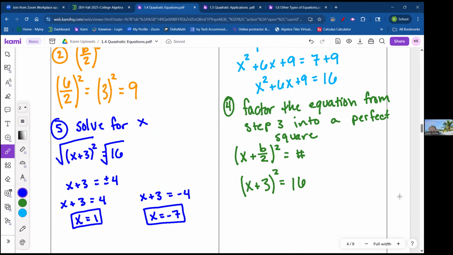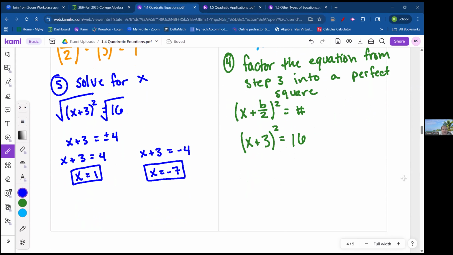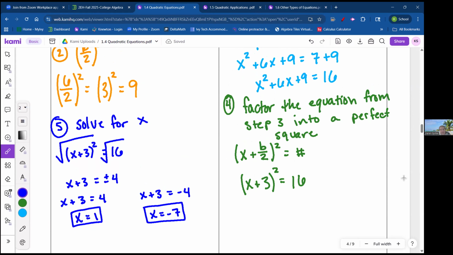So the one on the quiz that you're taking on Thursday that has completing the square on it, you will have to solve it using these steps. If you use any other steps, you will only get maybe 1 or 2 points on the problem. Unfortunately, they want you to use this particular method.